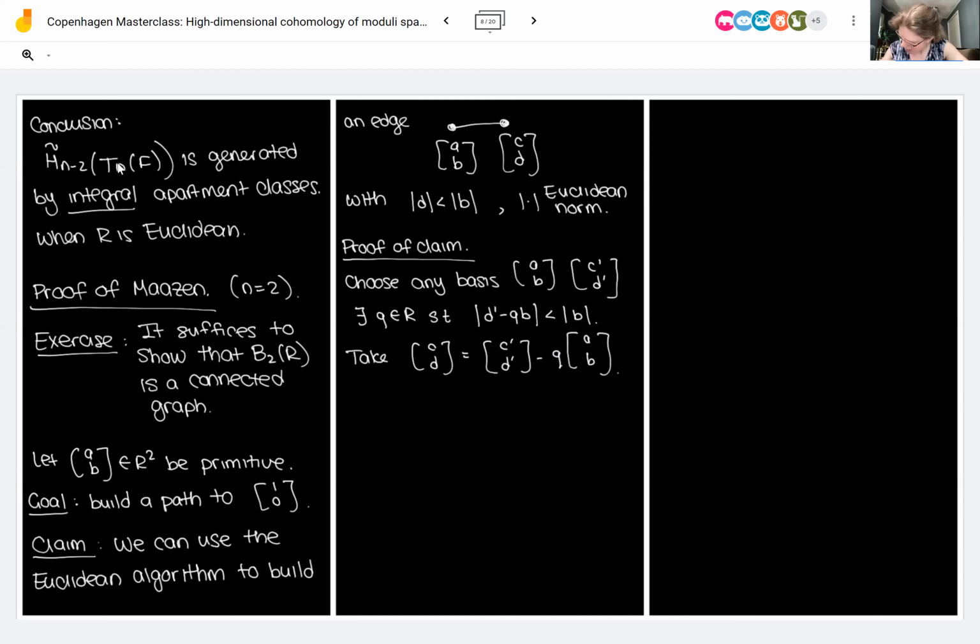And at that point, we are done. And so that proves the claim. And with the claim, again, we can iterate this until D is 0, and then we're done. So this is a proof of Mason's result in the case that n equals 2. We've shown this graph is connected. Great. So I have even a little bit of time left.